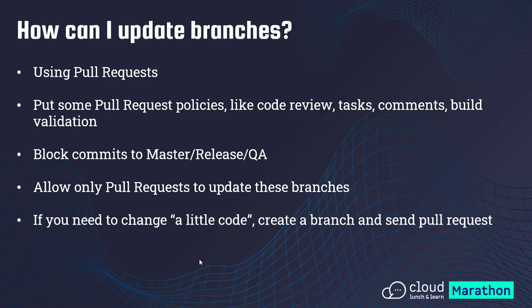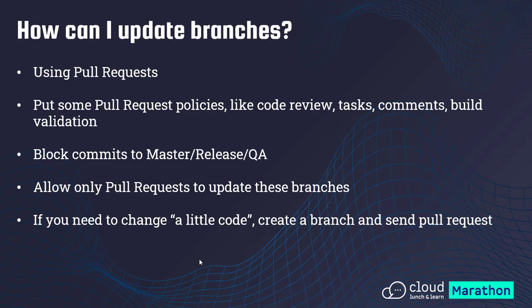Pull request is very interesting because I can compare code. I can check what tasks are done for this release, for example. And I can create some policies, for example, code review. I love this feature, code review, because when a developer creates a pull request, I can see every piece of code that was changed.